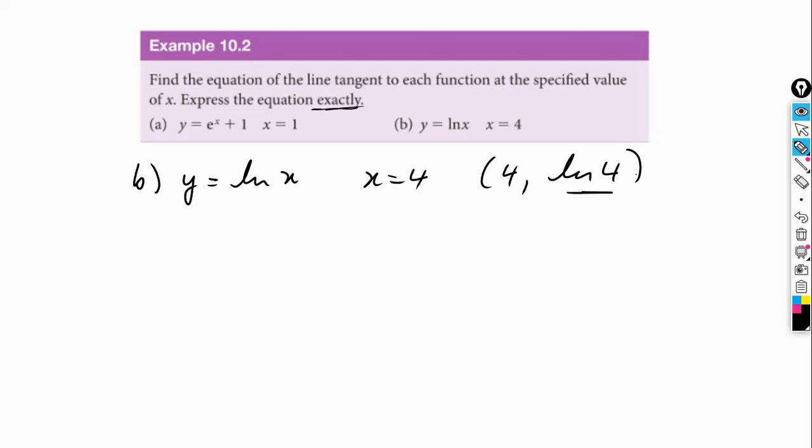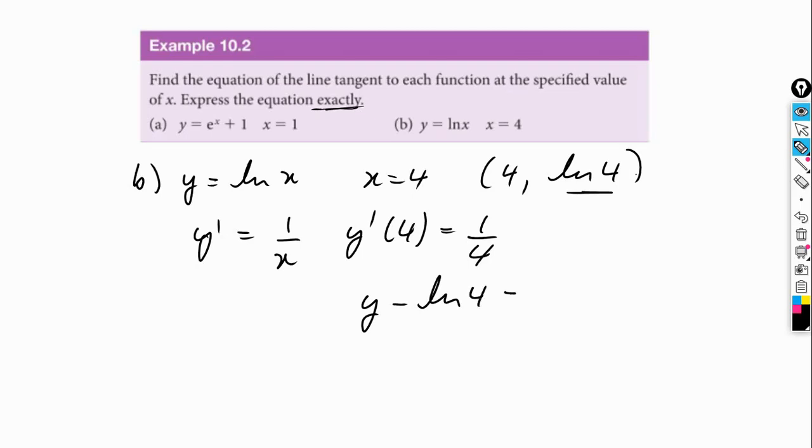Okay, now we need to find the derivative. The derivative of natural logarithm is simply 1 over x, and then we need to plug in 4 in order to find the slope of the tangent line. So that's going to be 1/4. And we're ready to use the point slope formula. So it's going to be y minus natural logarithm of 4 is equal to 1/4 times x minus 4.